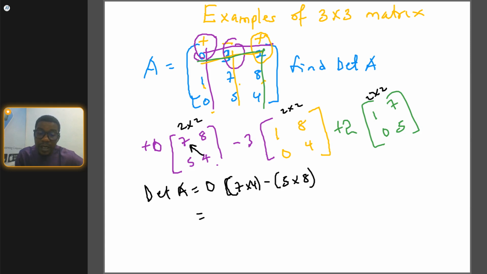That is 0 multiplied by the bracket is 0, minus 8 multiplied by 5. 8 multiplied by 5 is 40. When you subtract this, we're going to have minus 40.